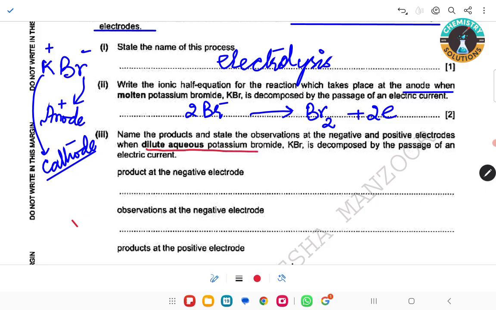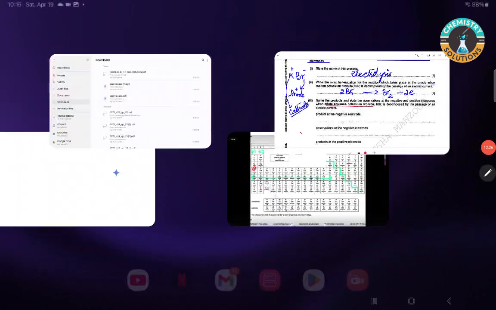Here is a question about dilute. If only aqueous is there, then we'll consider it as a concentrated substance. But here in dilute, if I show you the ions, you will understand the concept of dilute and concentrated better.